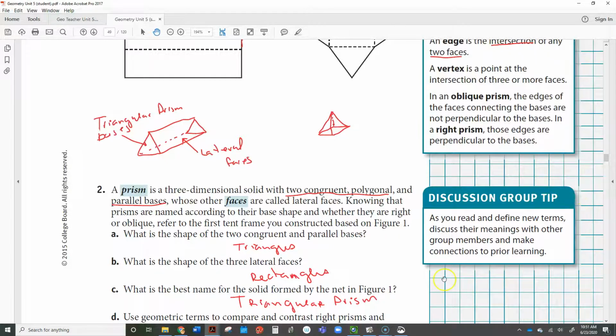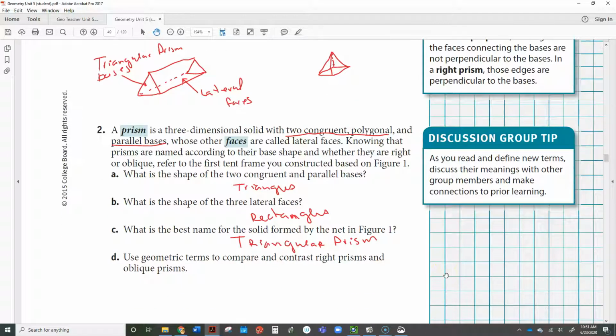Use geometric terms to compare and contrast right prisms and oblique prisms. So right prisms have lateral faces that are rectangles, and oblique prisms have lateral faces that are parallelograms.